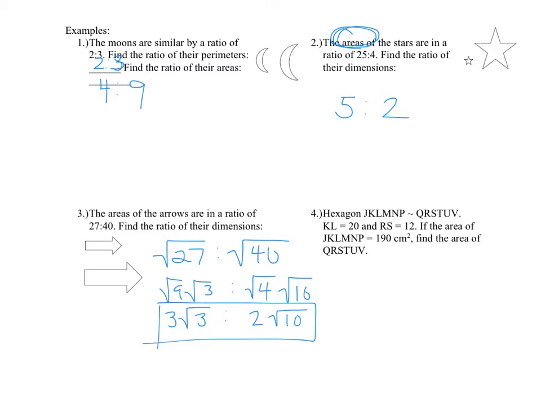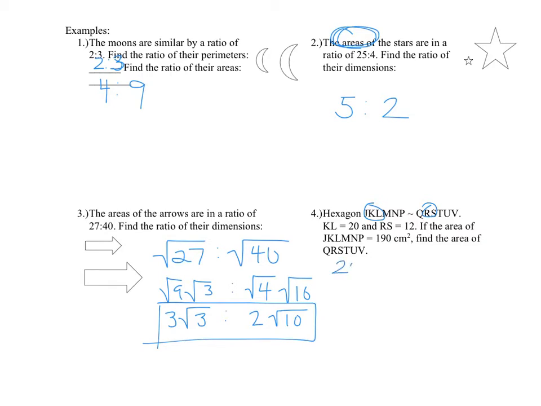All right, number 4, we have 2 similar hexagons, and we know that KL is 20 and RS is 12, and you can see that those are corresponding sides because of their position in the names of the hexagons. And we know that the area of the first one is 190, and we want to find the area of the second one. So let's find the ratio of their sides.